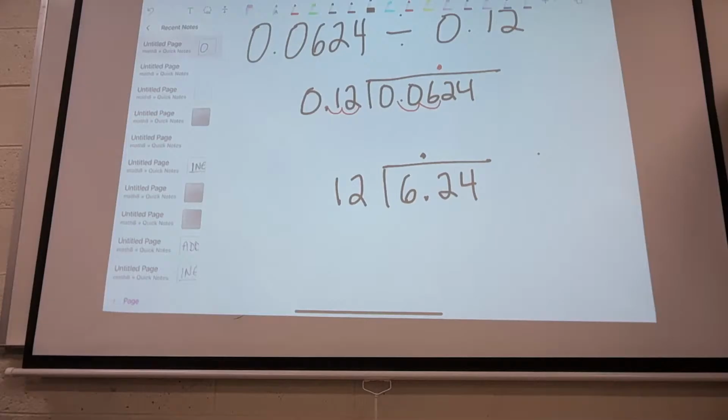Right? You move it 2. So 12 into 6.24. Give you a little hint. 12 cannot go into 6.